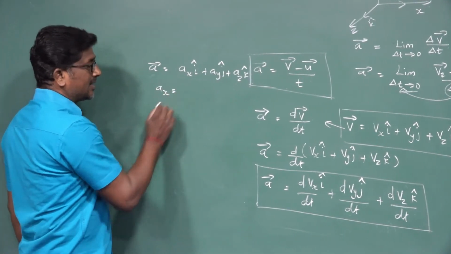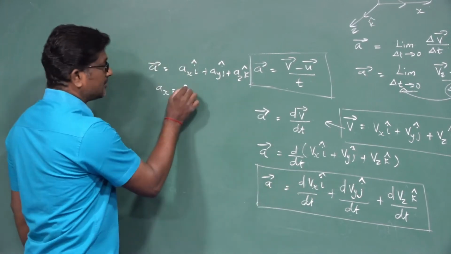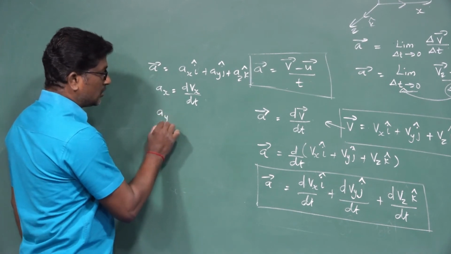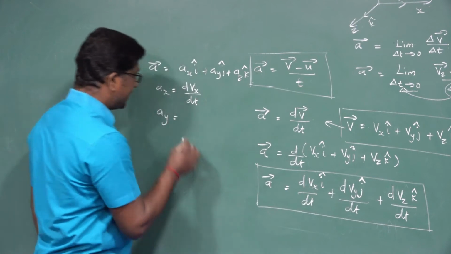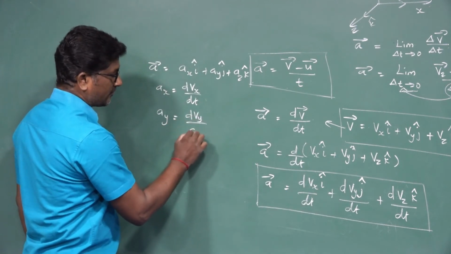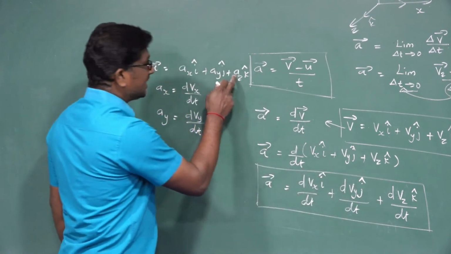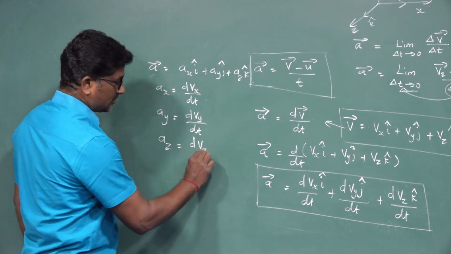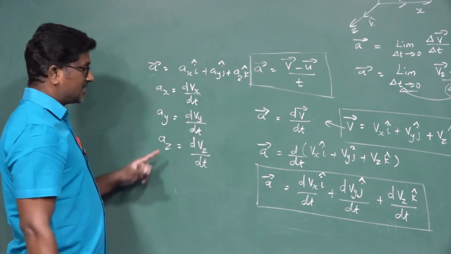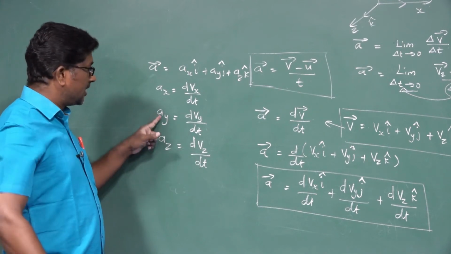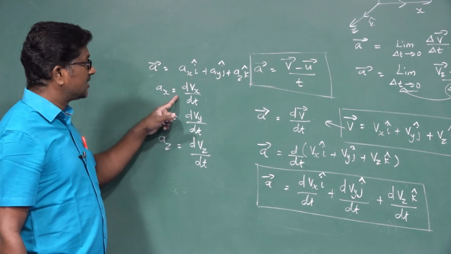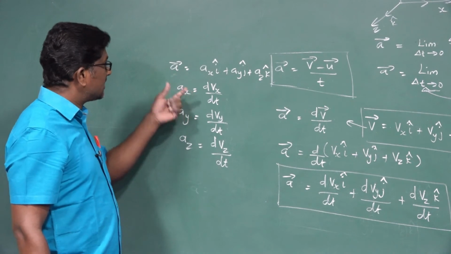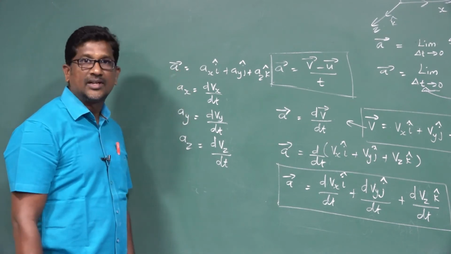Right, here ax is equal to dvx divided by dt, and ay is equal to dvy divided by dt, and az is equal to dvz divided by dt.